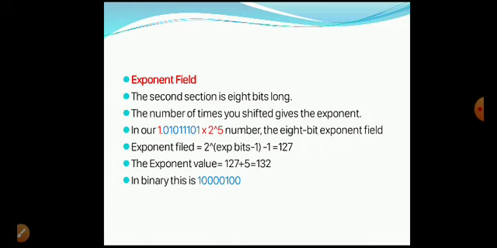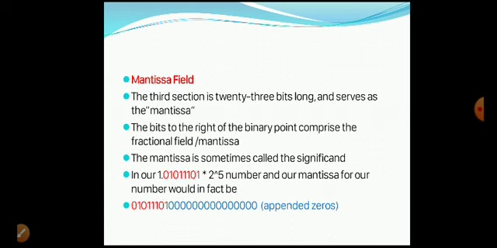Whatever it may be, that is the bias calculation, and you have to add the power of 2 to it, so it will give us the exponent value. Next part is the Mantissa field.